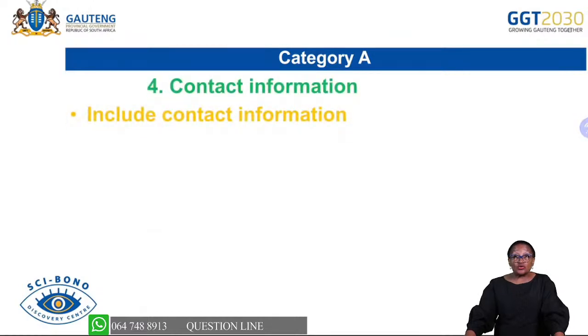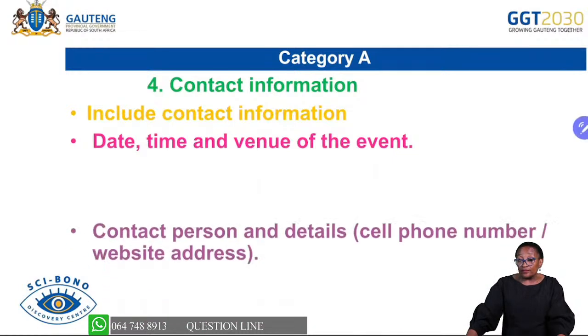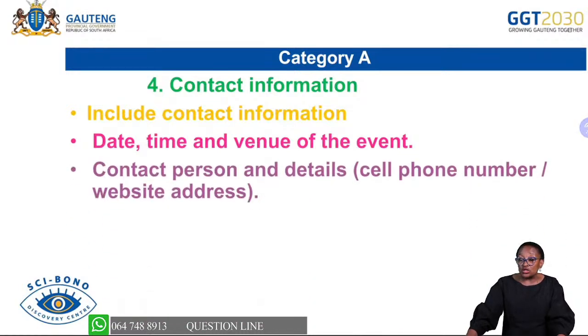The fourth thing that you need to include there is the contact information. Include contact information, that is the date, the time, and venue of the event in case of an event. You also need to include the contact person and details.